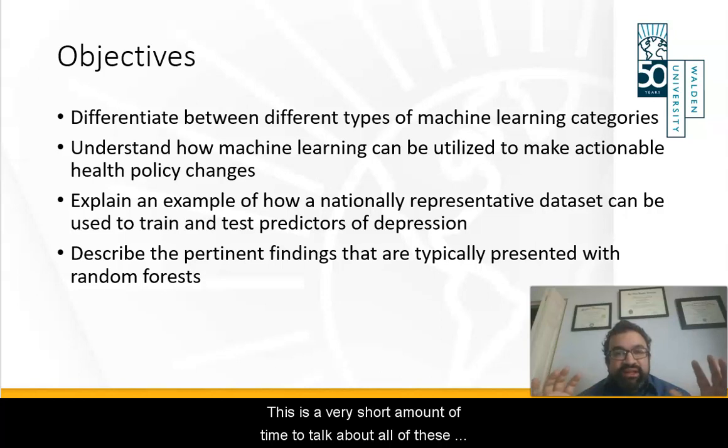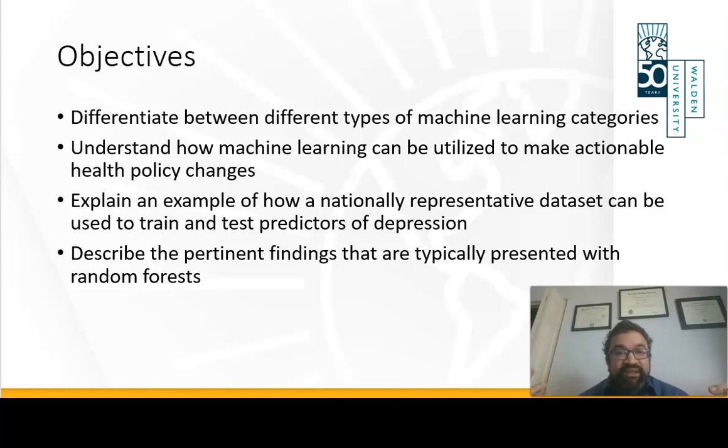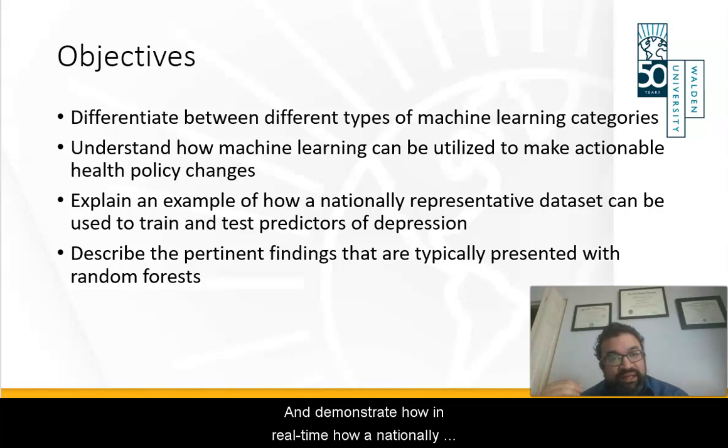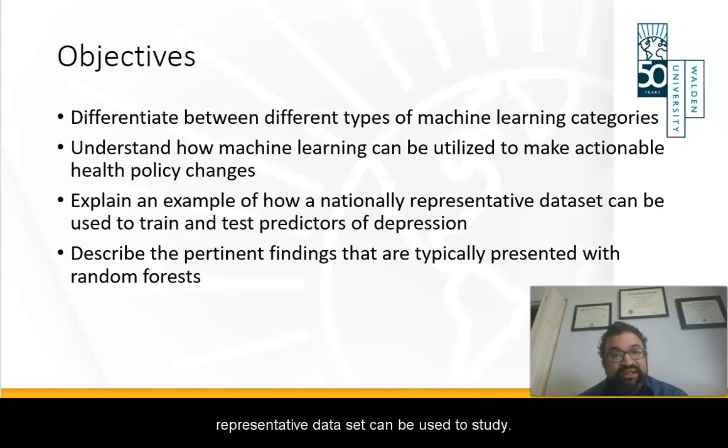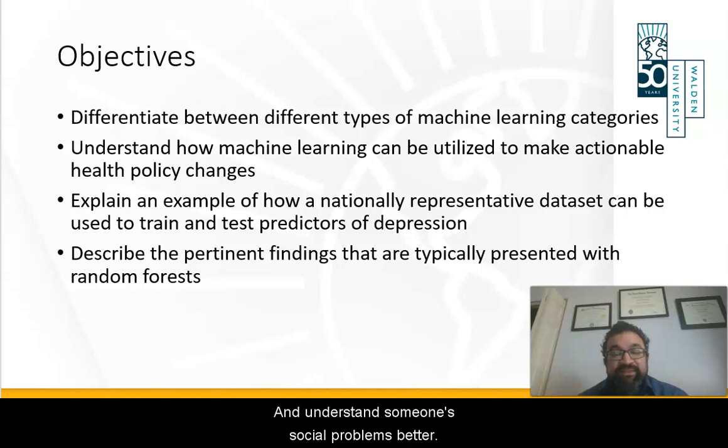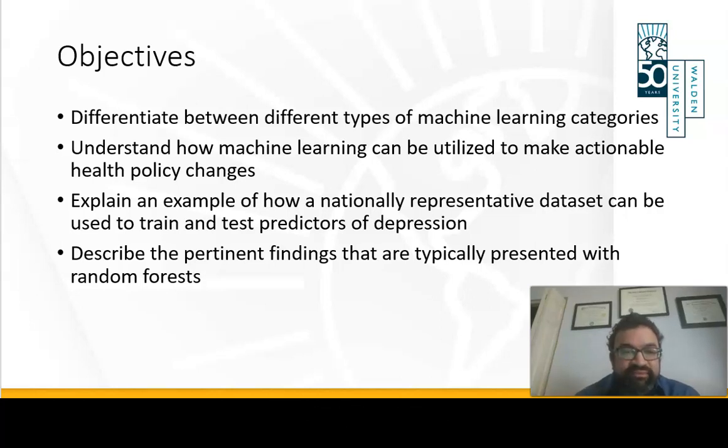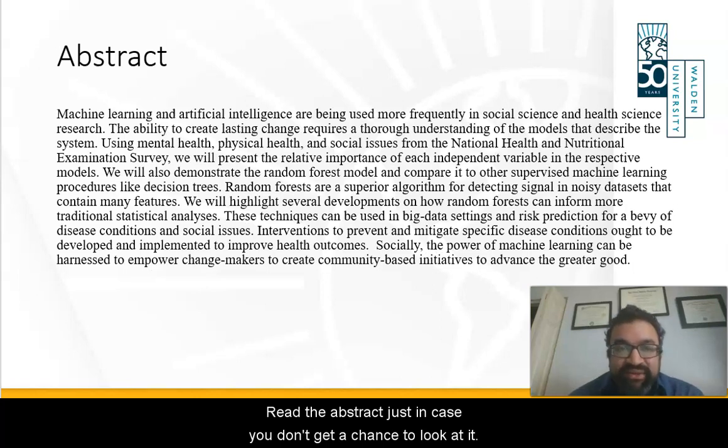This is a very short amount of time to talk about all of these aspects, but what I will do is show you some of the theoretical underpinnings of random forest, which is a type of supervised machine learning, and demonstrate in real time how a nationally representative data set can be used to study and understand some of the social problems better. Here's the abstract just in case you didn't get a chance to look at it.